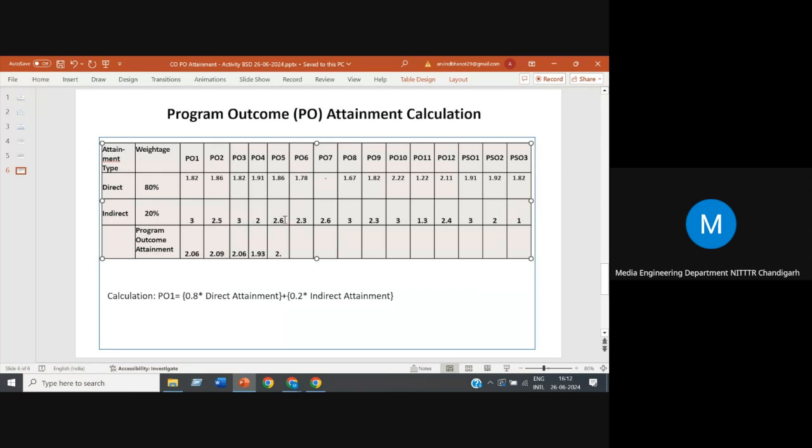Now indirect is 2.6, so it will be more than this 2.09. Direct is same. So what is the value for this PO5? Please check. 2.008 is correct.